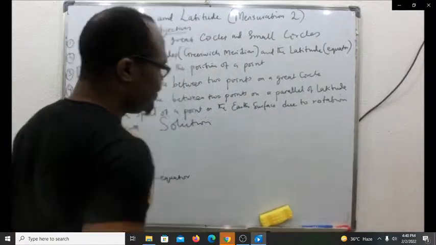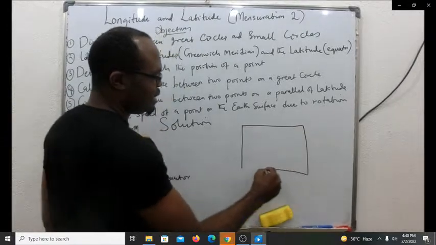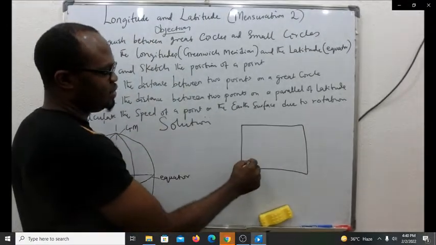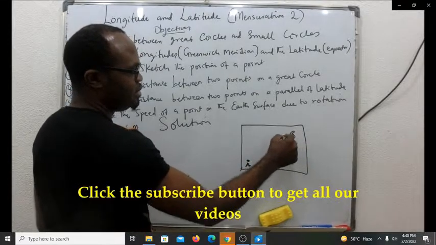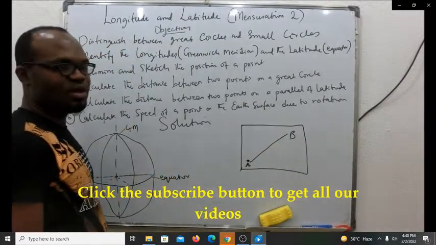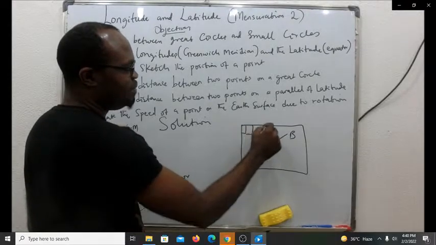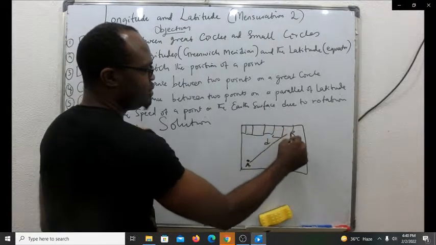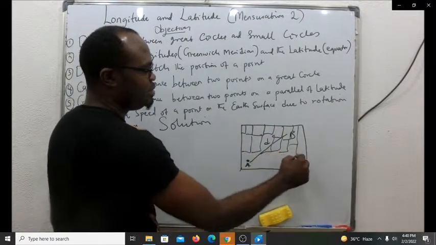So let's say you have an object, say a rectangle, and you want to know the distance between point A and point B. Or you want to know the total area occupied by this object.